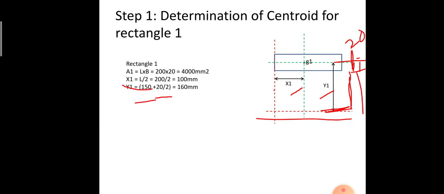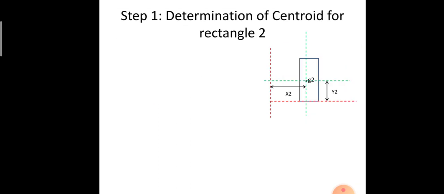So next is the centroid for the rectangle 2. So similarly we have x2 and y2 here. First thing, we are supposed to calculate the area A2. It is equal to L into B, where L is the horizontal dimension, equal to 20 mm, and B is the vertical dimension, equal to 150 mm.